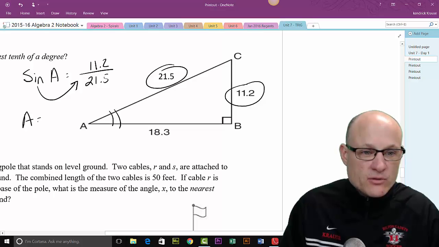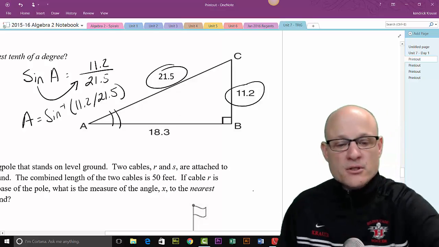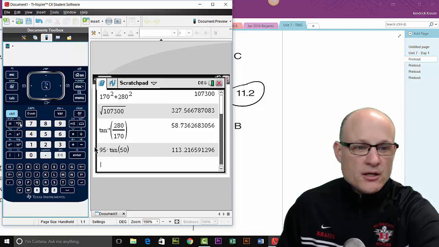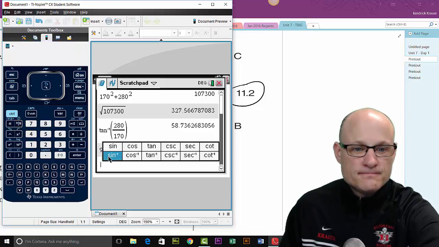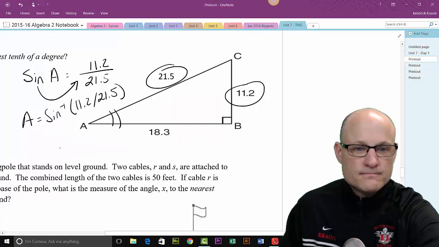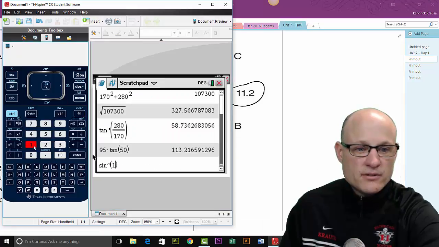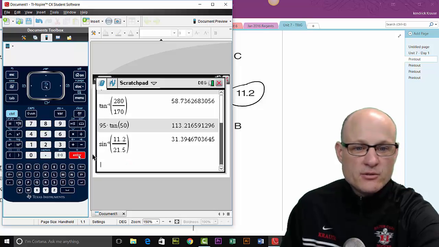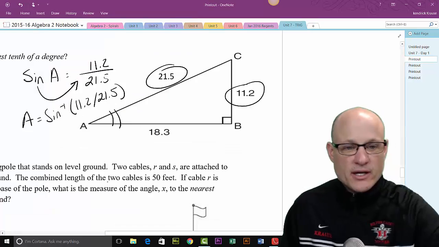So A is equal to sine inverse of 11.2 divided by 21.5, which gives 31.39.